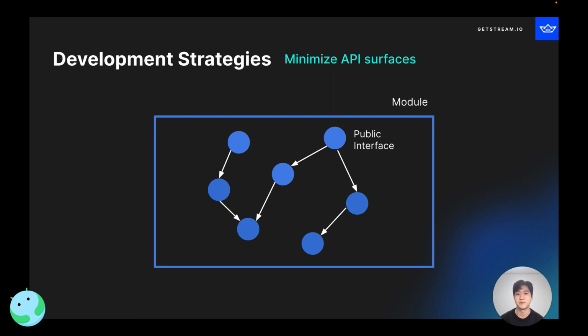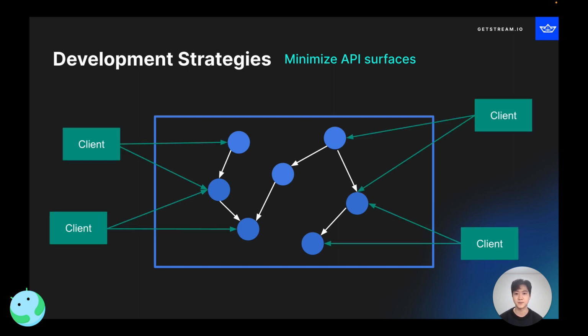Let's assume there is a module which includes public interfaces. In this case, we exposed the entire API, so external clients can access and depend on the entire API.